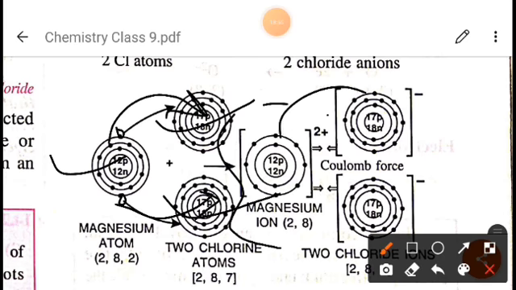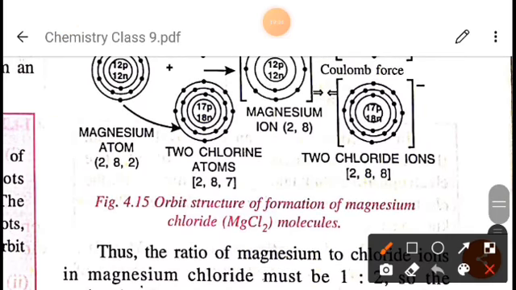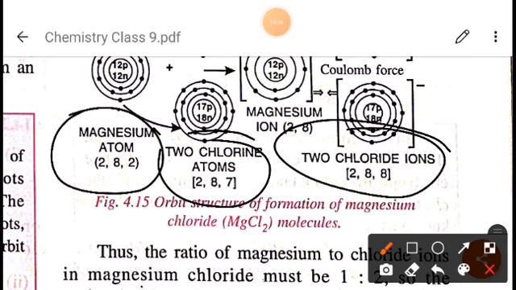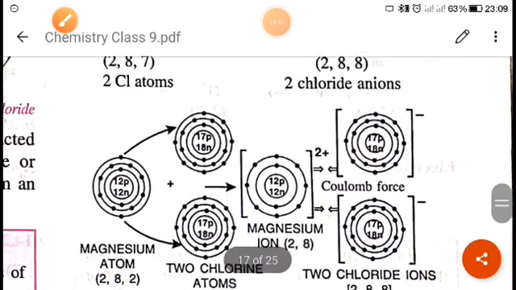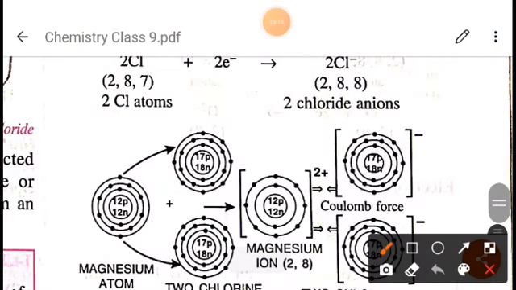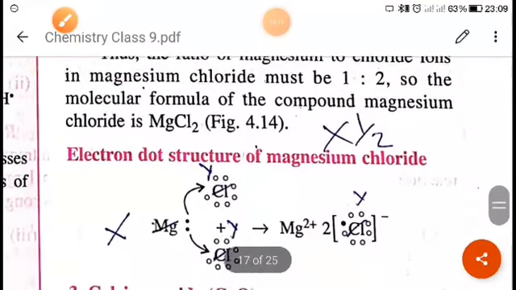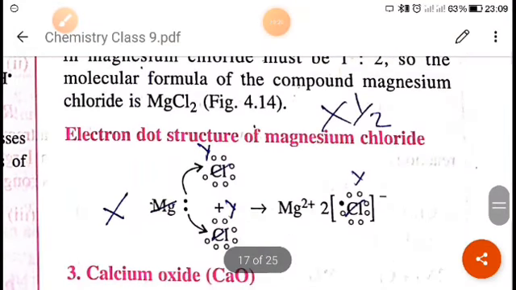As you can see, the magnesium atom was this, the chlorine atom was this. Now it has given 1 electron to each chlorine, so it will form magnesium chloride like this.